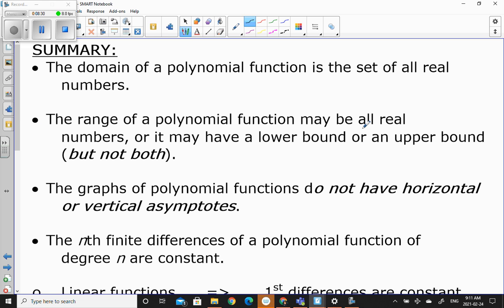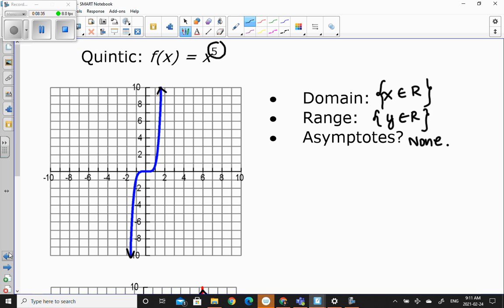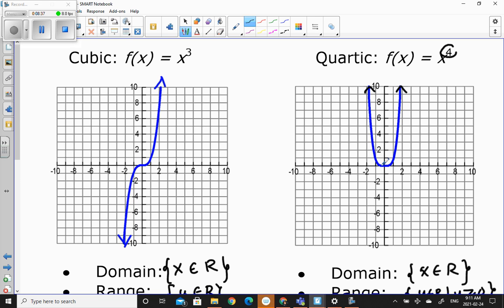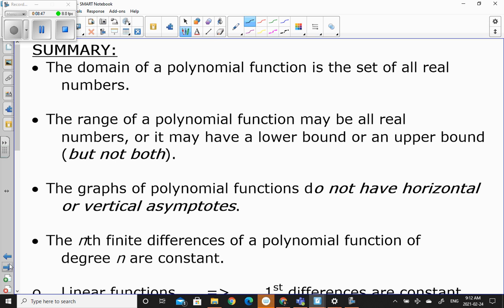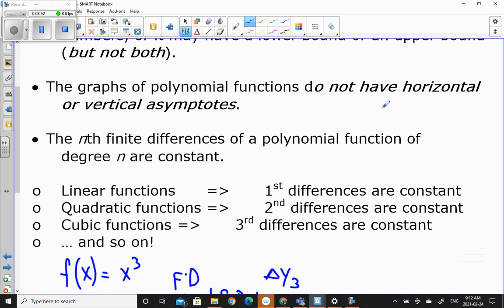The range of a polynomial function may be all real numbers, but it may have a lower bound or an upper bound. So like this example here, it has a lower bound. It cannot go any lower than this. Or it could have an upper bound where it cannot go any higher than this. So there could be some cases where they could have restrictions. The graphs do not have horizontal or vertical asymptotes.